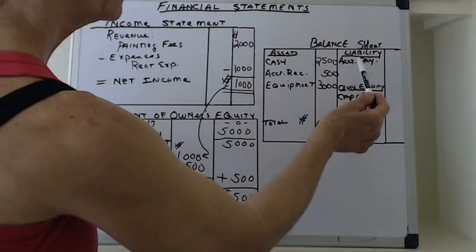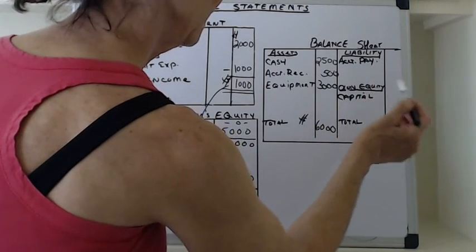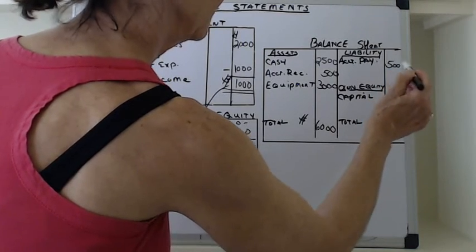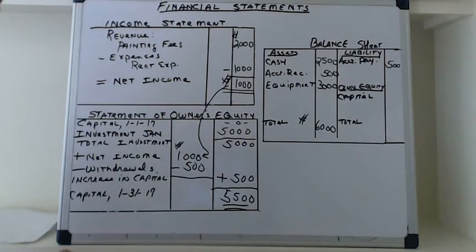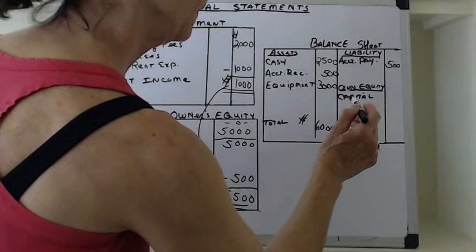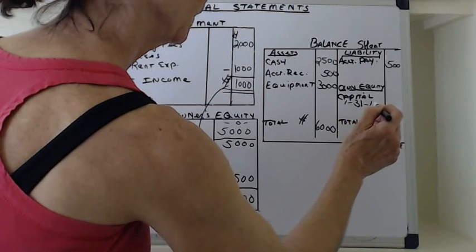Then I'm going to go to my accounts payable, and when I look at the worksheet, he owes $500. He still owes $500. Now, capital, and this is the capital for January the 31st we're looking at.